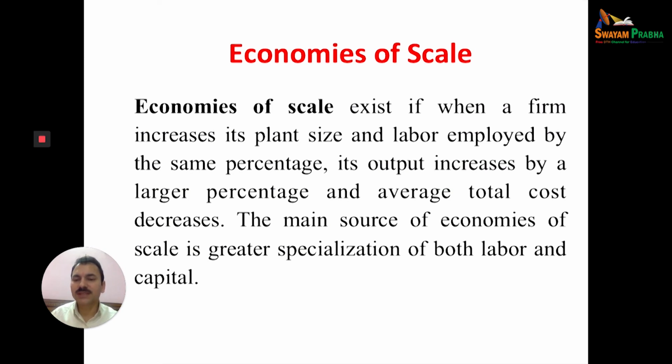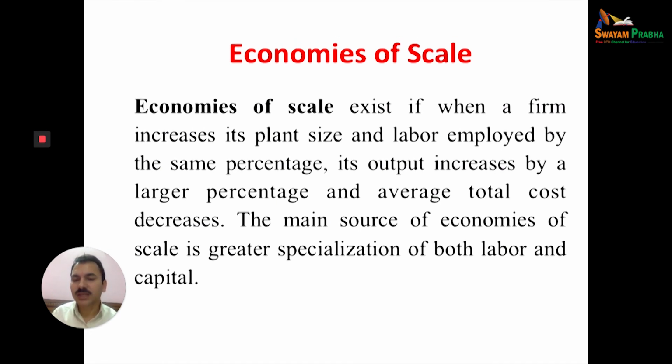Economies of scale means the benefit due to the firm's own expansion. When the firm expands its own size, or uses more specialized labor, or uses more advanced technology, the output will increase and the costs are decreasing. This is called economies of scale.